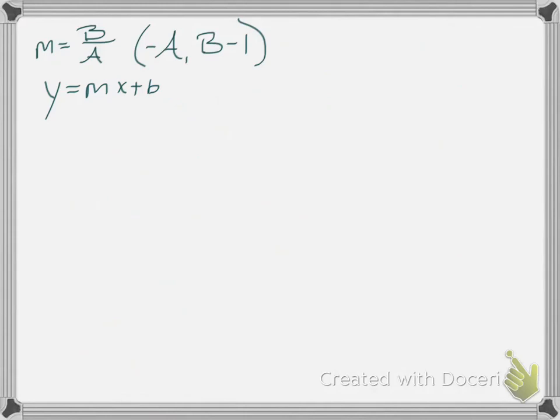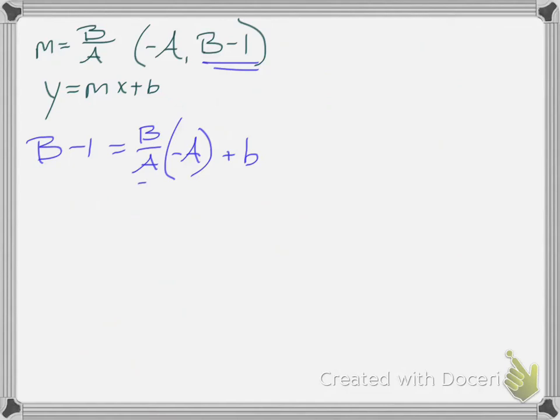Okay, so now I'm going to do it in slope-intercept form and plug the y value in for y. B minus 1 is equal to, my m is b over a, my x is negative a, and I'm solving for the lowercase b.